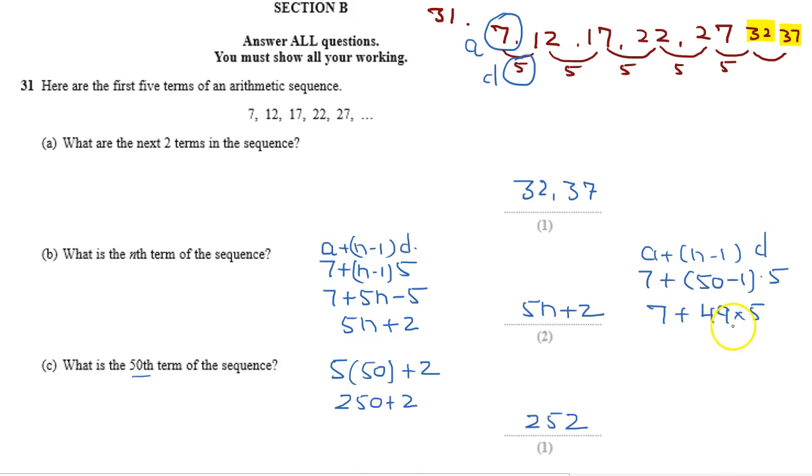First you multiply 49 by 5, which is 245. So 7 plus 245 is 252. So either you use this method or you use this method.